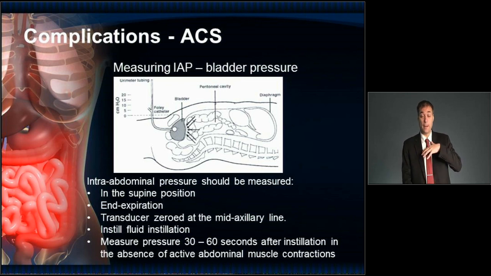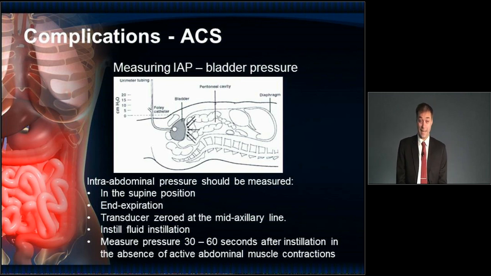When the peritoneum swells, it's going to push down on the pelvic space and compress the bladder and make pressures inside the bladder higher. So we can measure the pressures in the bladder as an indirect measurement of pressure in the abdominal compartment. Bladder pressure should be measured with the patient lying flat or completely supine, because we want to try and stretch that peritoneum out as much as possible.